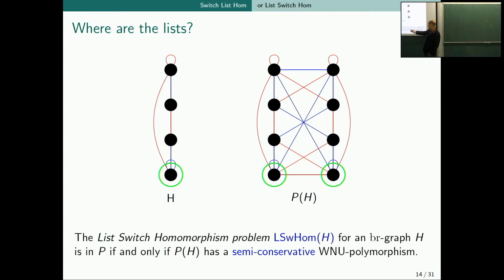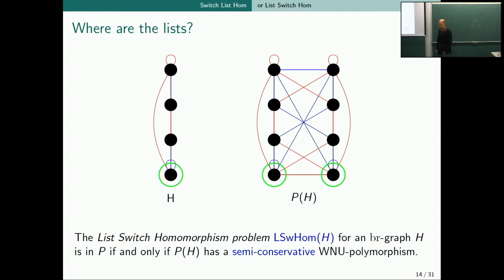We say it's semi-conservative if it preserves just these symmetric lists. And so we get from the CSP dichotomy that the list switch homomorphism problem is in P if and only if this thing, which we call the switch graph, and I denote it P of H.